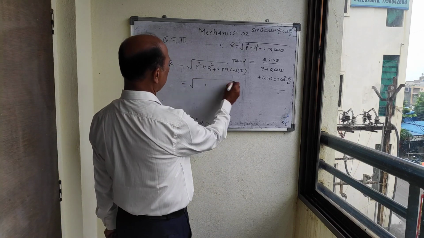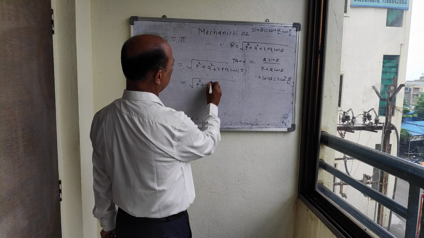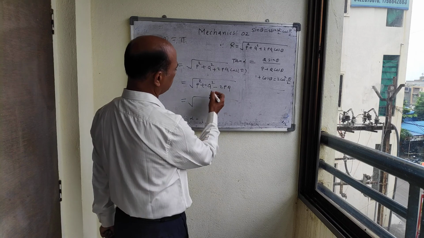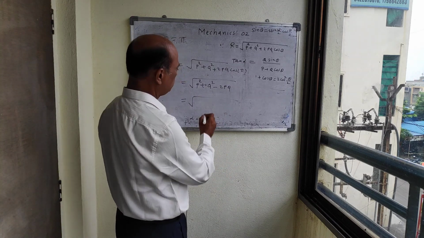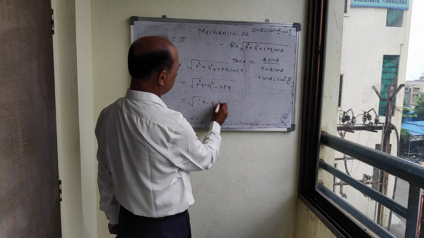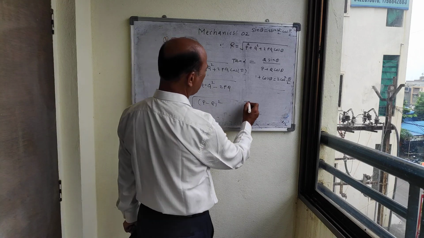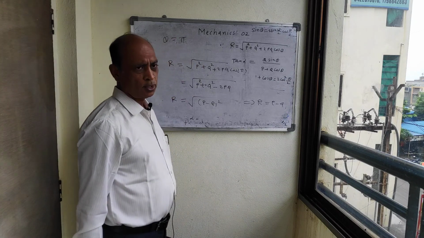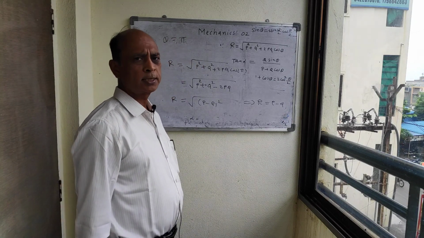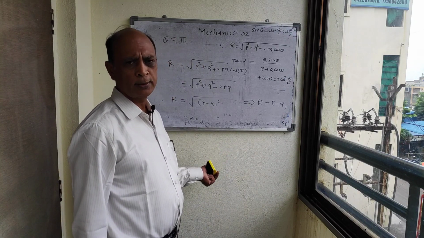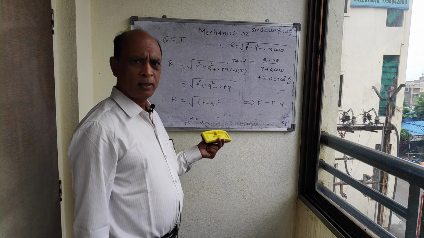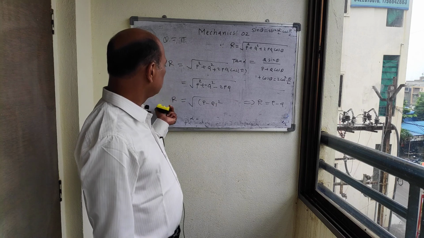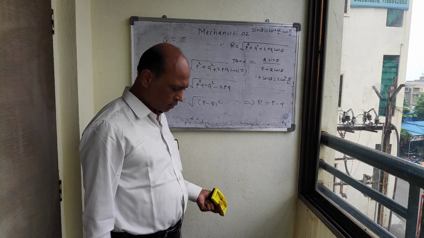So that is equal to under root of p square plus q square minus 2pq. This can be written as the square of p minus q, which implies that r is equal to p minus q. So when the forces act along the same straight line but in opposite directions, that is theta is equal to pi, the resultant will be p minus q.